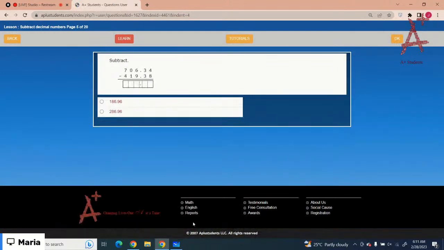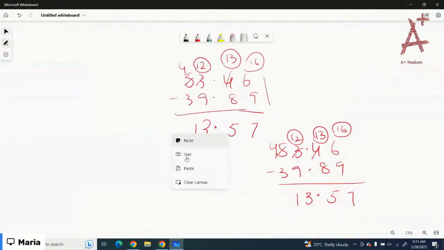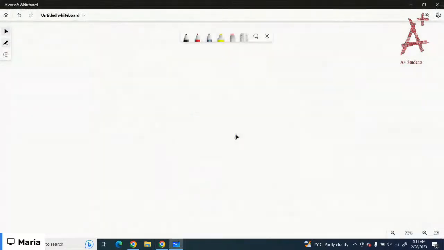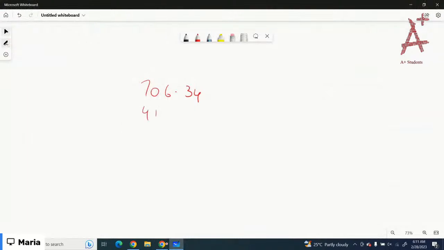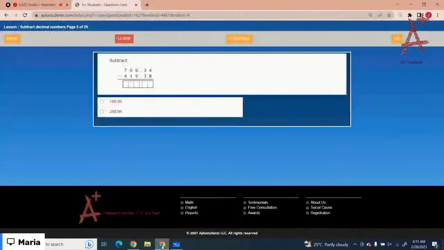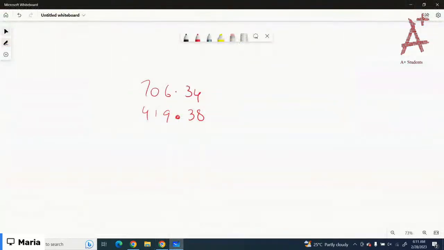Okay, the next one is 706.34 minus 419.38. So start with the rightmost digit.